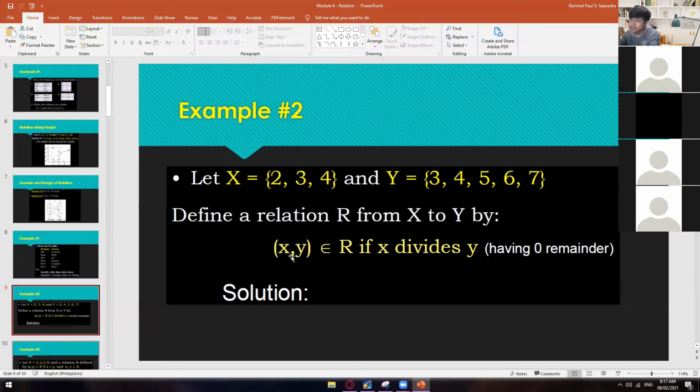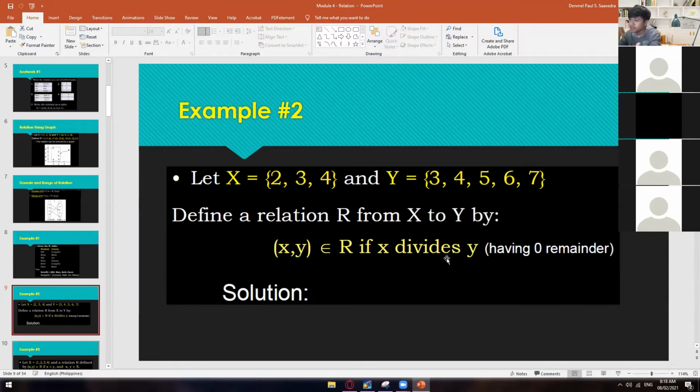Thus we can say that (x, y) is an element of R if x divides y, having zero remainder. So here we have another condition: for us to be able to build a relation, or a binary relation, x must divide y with a zero remainder.